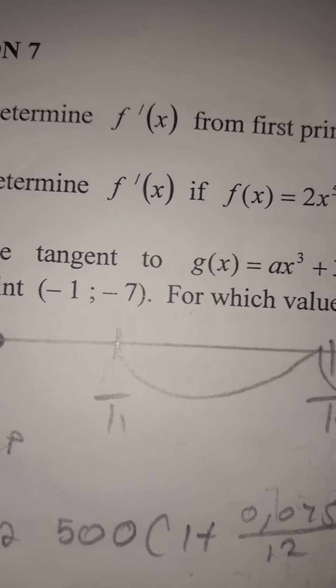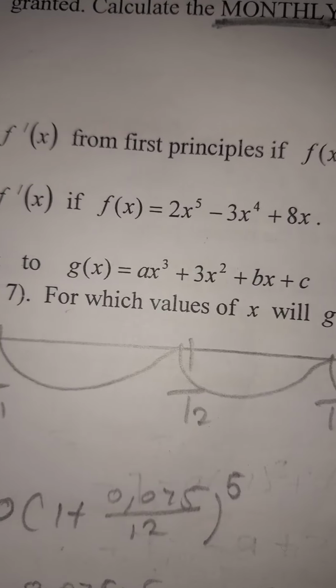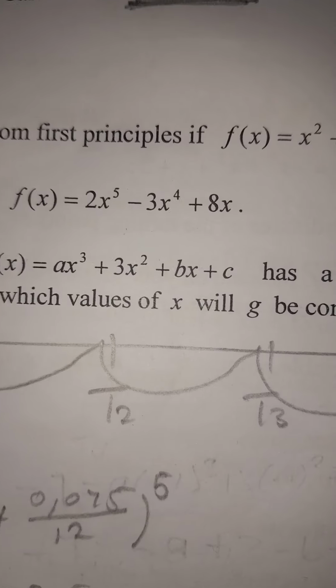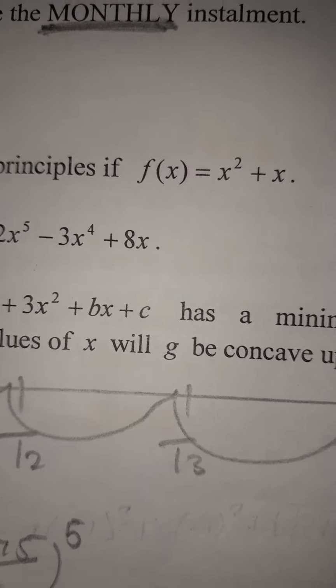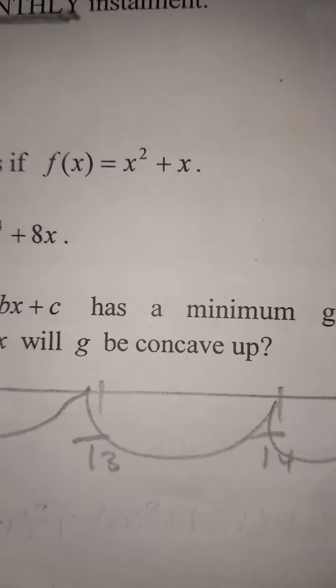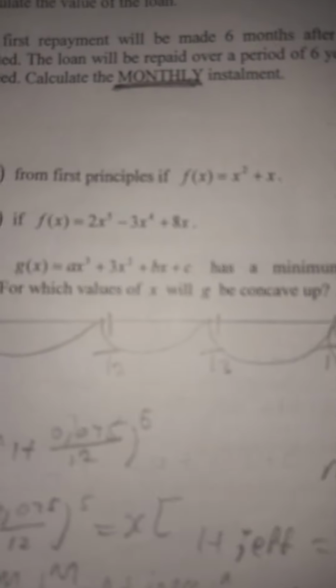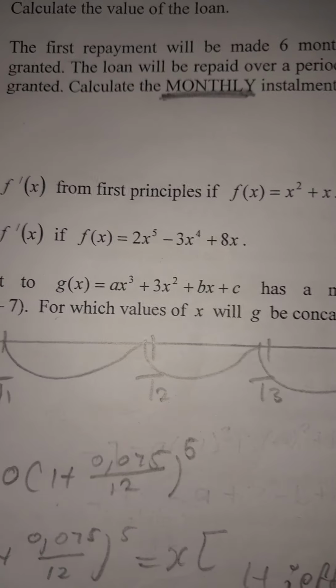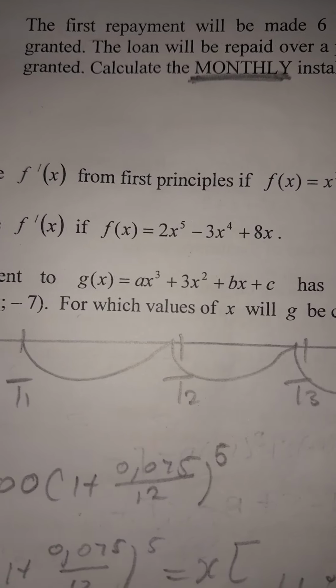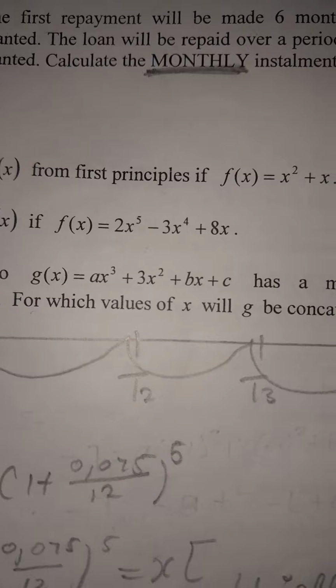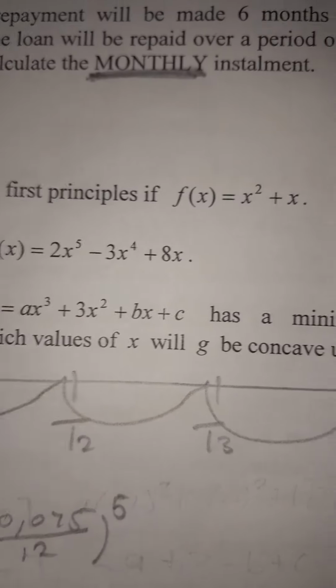Determine f prime of x from first principle if f of x is equal to x squared plus x, right? So what is happening here? They want us to find the first derivative from first principle. So we are given x squared plus x, right?